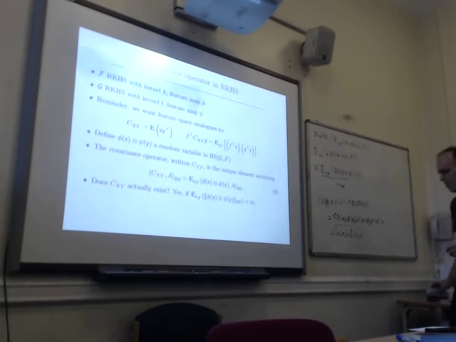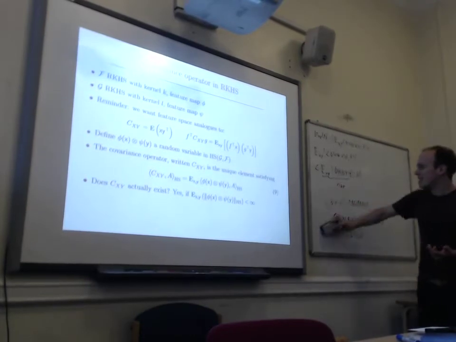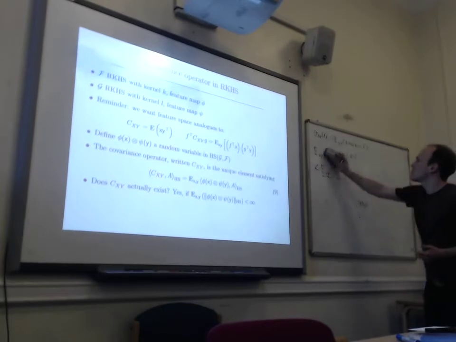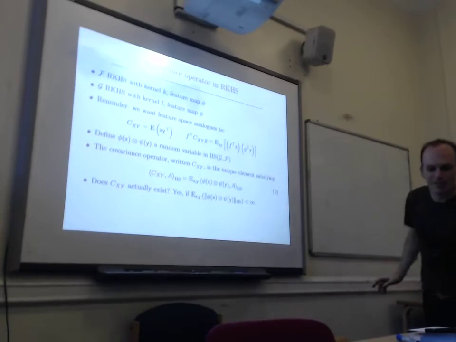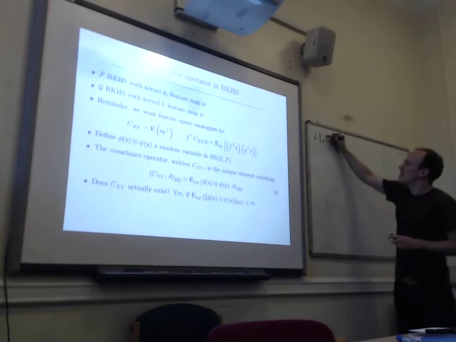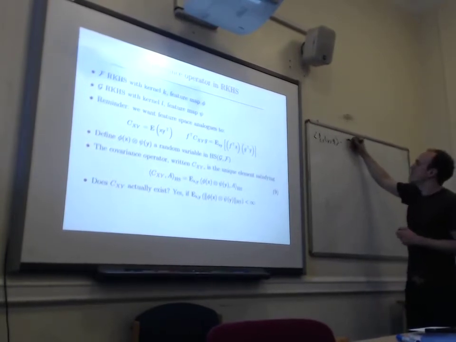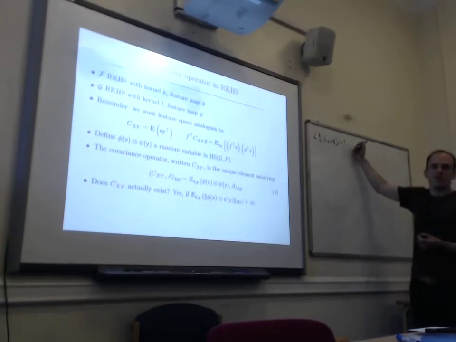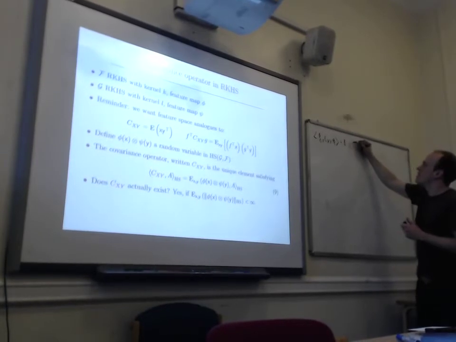Okay, so last of all, what I need to show is this property that you can get covariances. So here's the very last property. Remember what we wanted to show? We wanted to show that f of Cxy g is equal to, and I'm going to assume that everything's centered, the expectation of f(x) g(y).